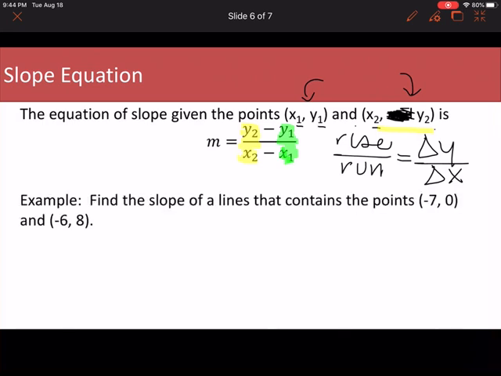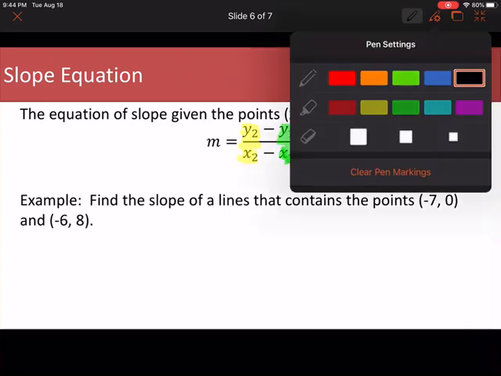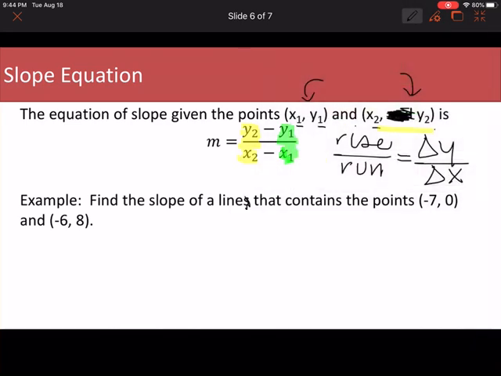So you may want to take a moment, read how it says, find the slope of a line that contains the points (-7, 0) and (-6, 8). So for some people, they like to write this way to help them.